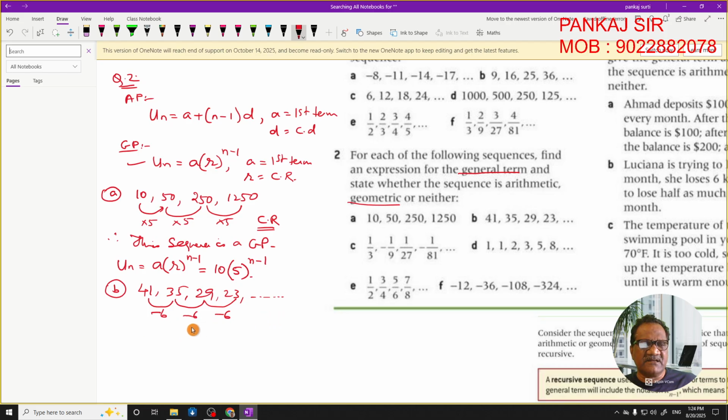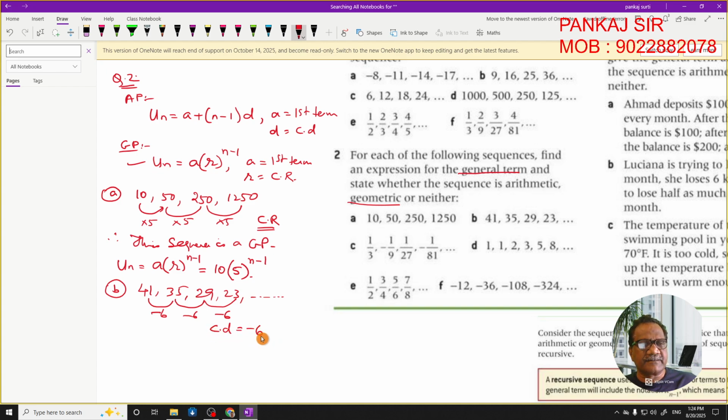So there is a common constant difference of minus 6 as you go from left to right, so we say that this has a common difference of minus 6.